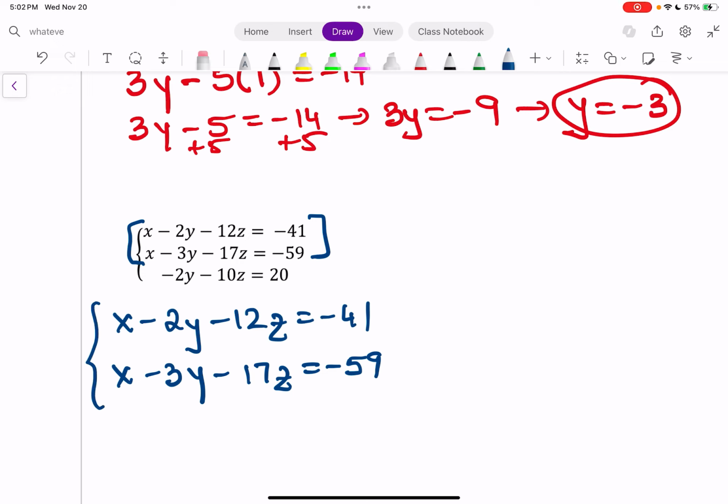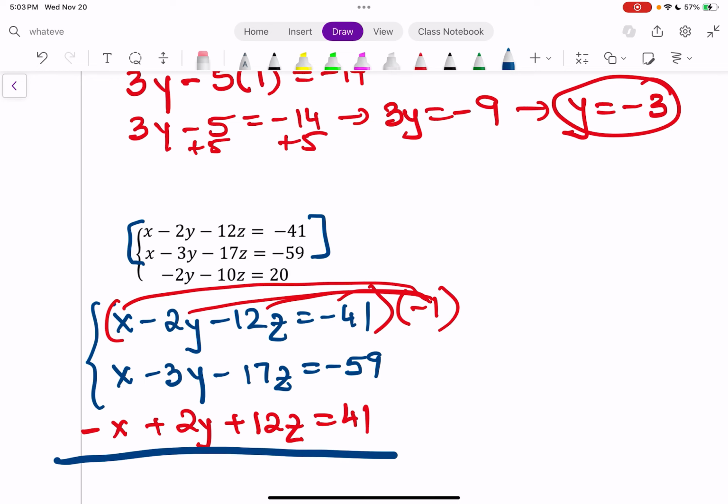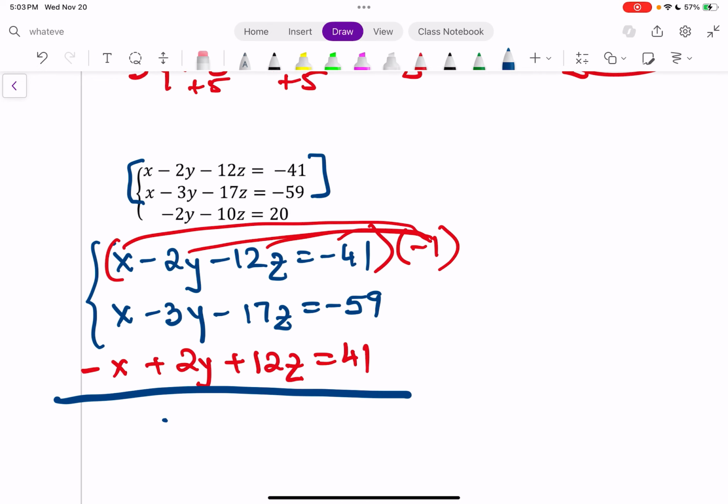So to get rid of x, I will multiply the top equation by a negative 1. What that does is just change all the signs. So negative 1x, positive 2y, positive 12z equals positive 21. When I add these 2 equations, I'm going to get negative 1y minus 5z equals negative 18.